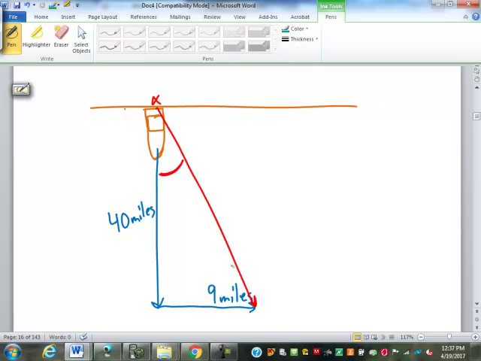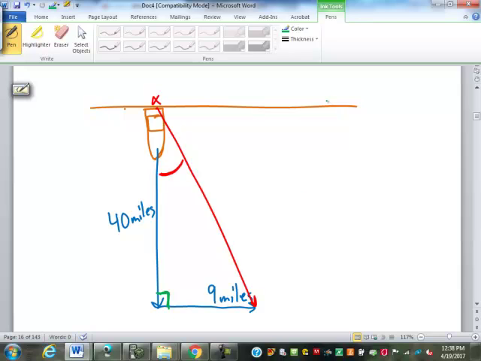How would we find that distance? Well, first of all, where is our right angle? Bottom left corner here, between the 40 miles and the 9 miles. So we have a right triangle. That's our first requirement. Our second requirement is we have to have two other parts, and at least one of those parts has to be a side. Here we have two of the sides.